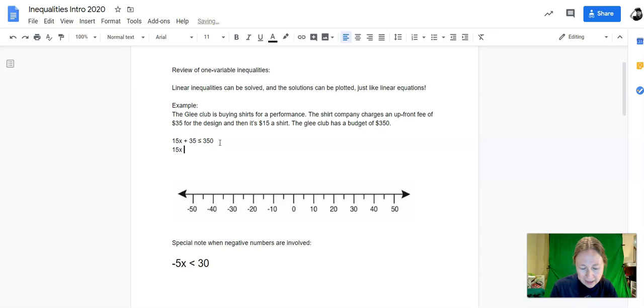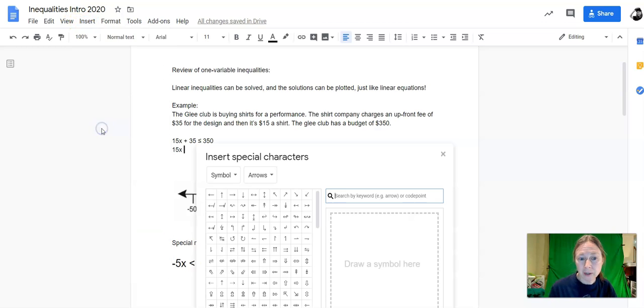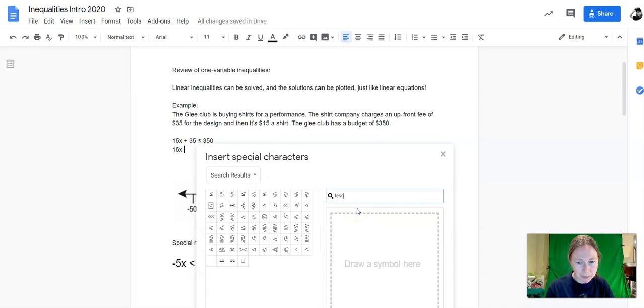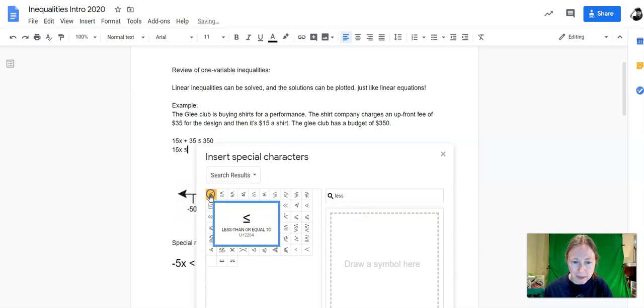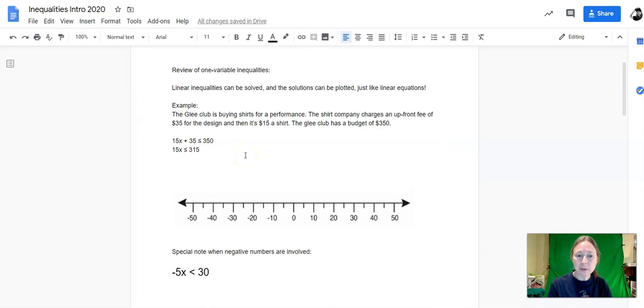So that's 15x is less than or equal to, and you can type less than or equal to in a Google Doc by doing insert special characters, and then if you type the word less, you get this little guy right there. Okay, less than or equal to 315. And then if you divide both sides by 15, you get 21. So x is less than or equal to 21. So that's how many shirts you can afford to buy.